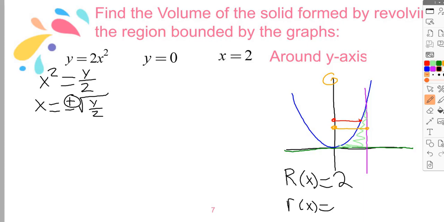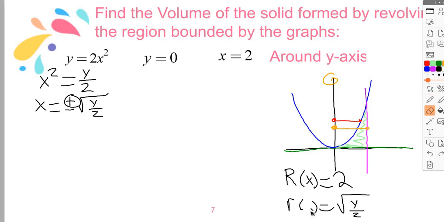Just remember, it's like right minus left. So you would be taking this and subtracting off the red bit, so you would be getting this part right here. If I just want this part, my red line, right is my 2x squared, left would just be 0, right? So it's just 2x squared minus 0, which is just 2x squared, but in terms of y, we would make it the square root of y divided by 2.